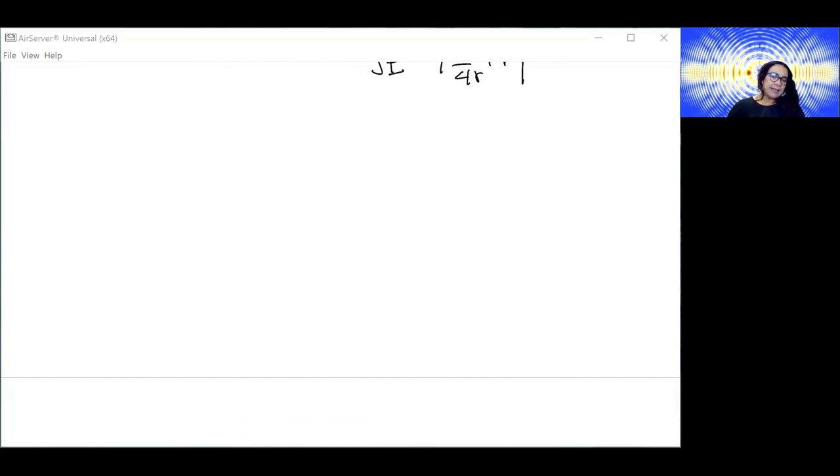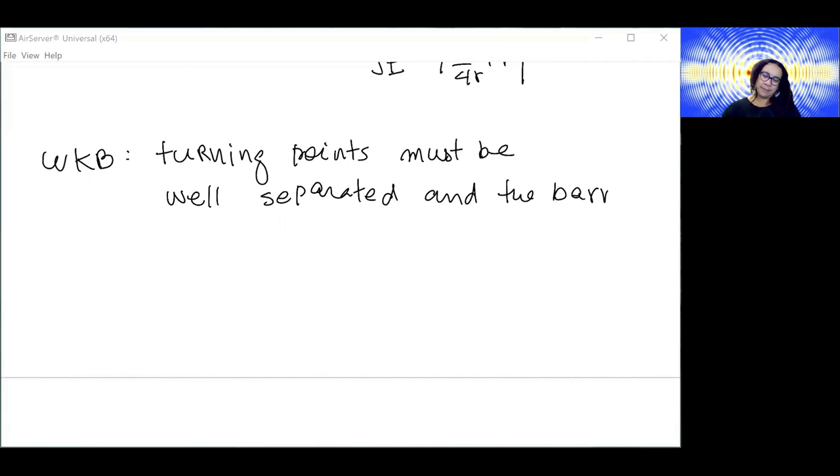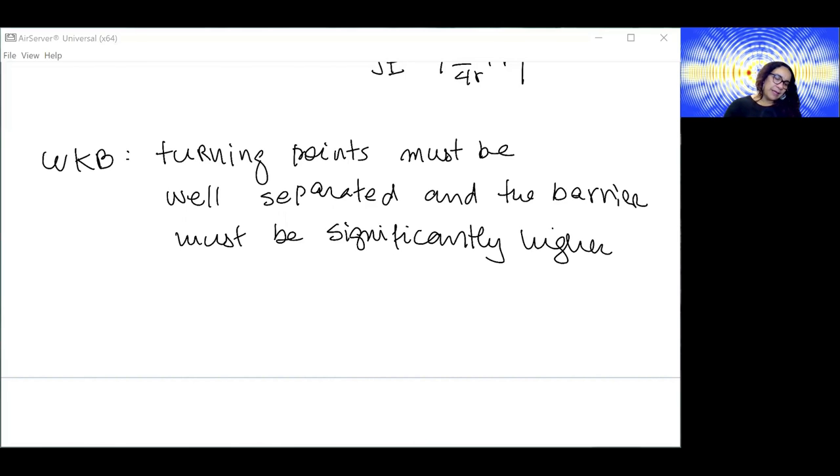So if we are looking at WKB, our turning points must be well separated and the barrier must be then significantly higher than the energy of the particle.